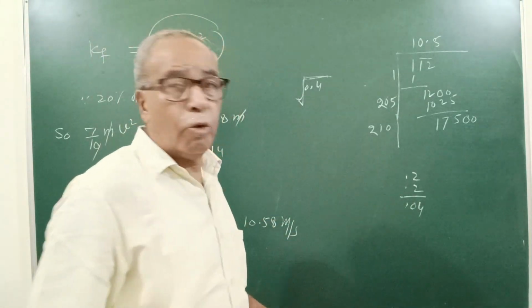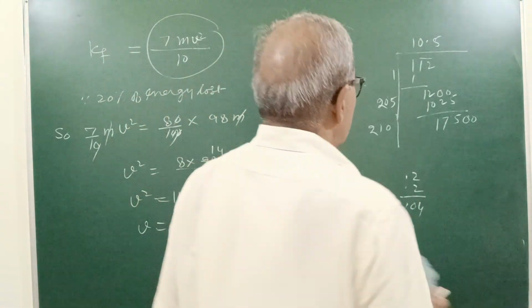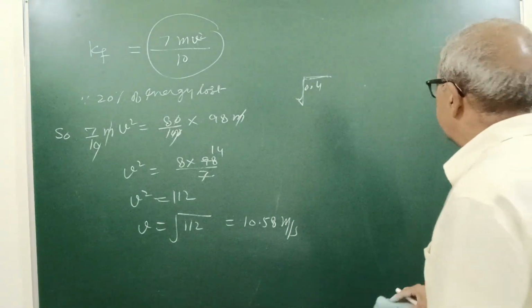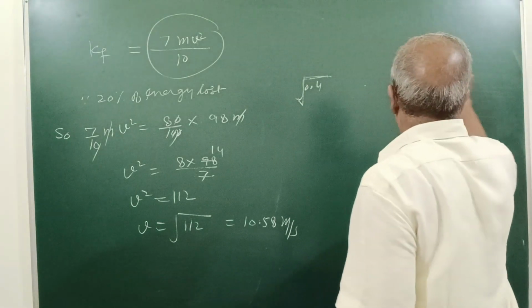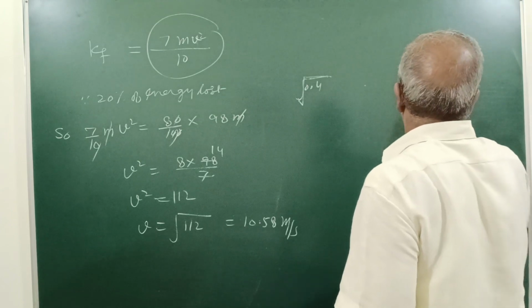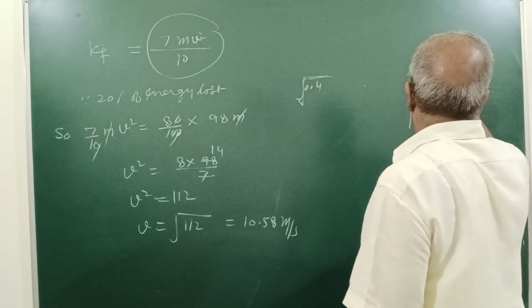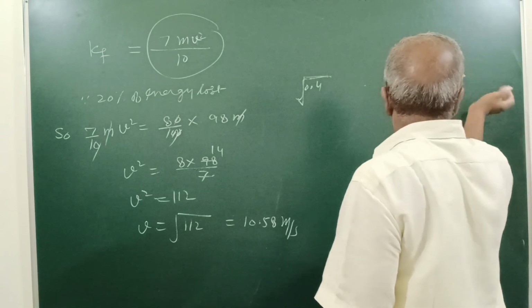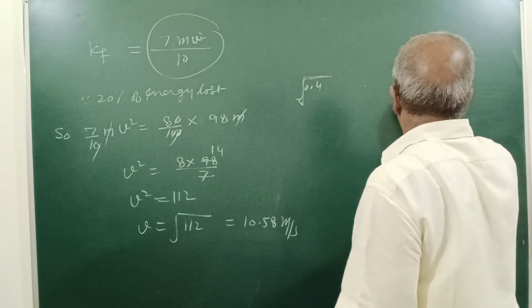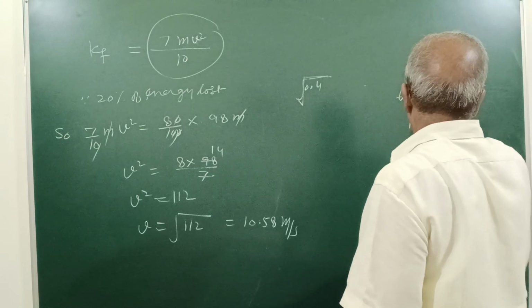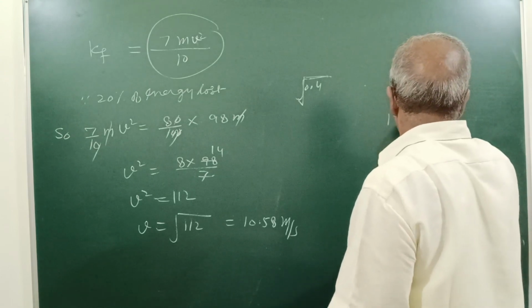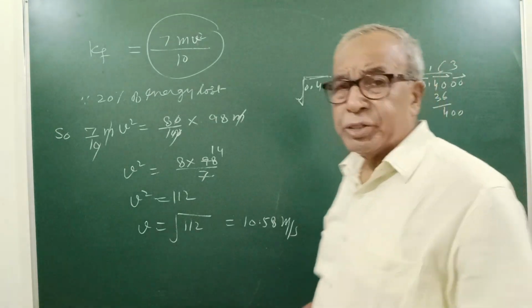In fact, 0.4 is not a perfect square. The square root of 0.4, how to find out? After the decimal, we make the pair from left to right. Before the decimal we take right to left.